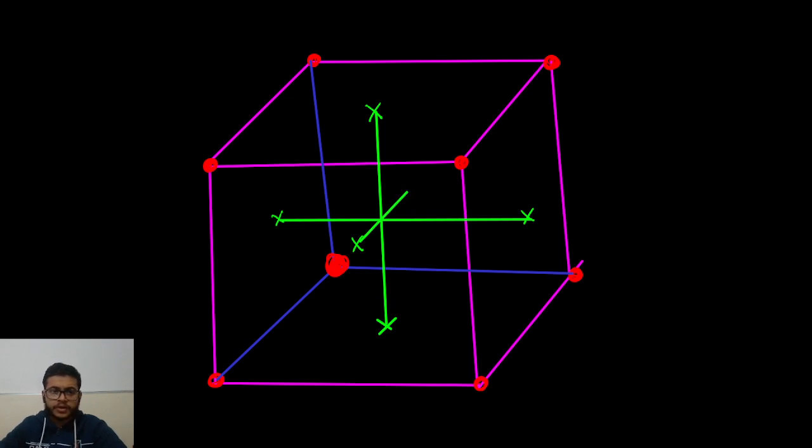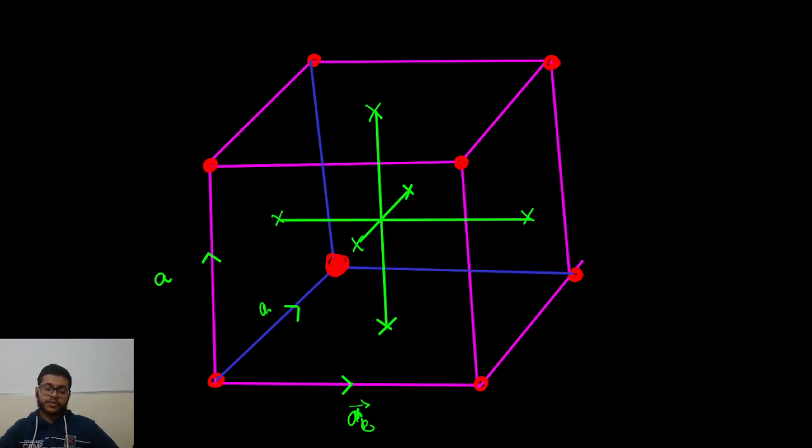And they meet at the center of the cube. Okay, so let's say these are the lattice vectors, not the basis vectors, but the lattice sides, basically a1, a2, a3. Let's say this is a, this is a, this is a.